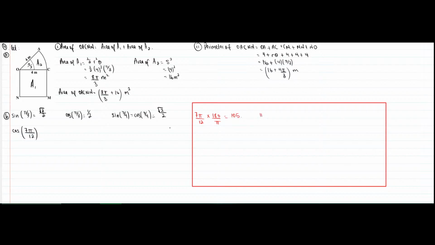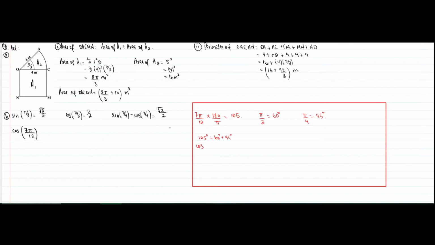I want to know what pi on 3 is. Pi on 3, I know, is 60 degrees. And I want to know what pi on 4 is. Pi on 4 is 45 degrees. So I know that 105 degrees is 60 degrees plus 45 degrees.